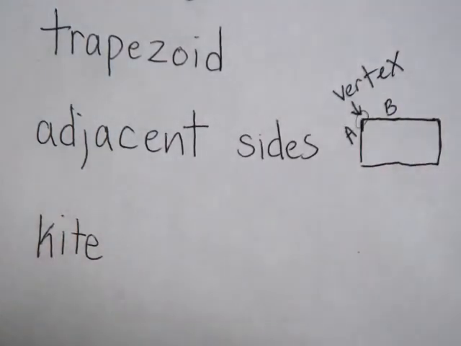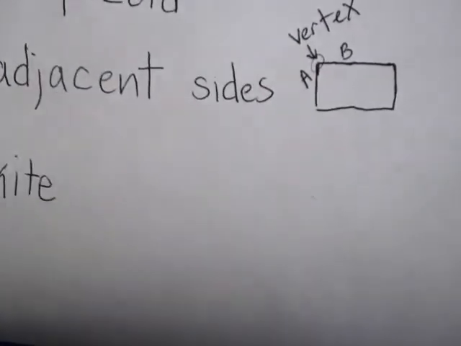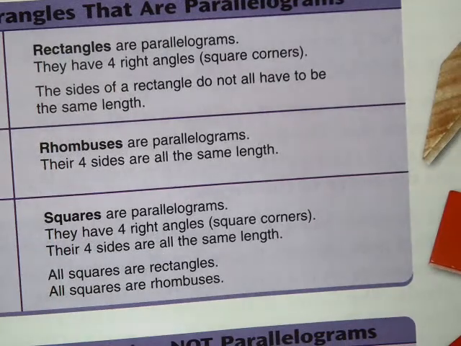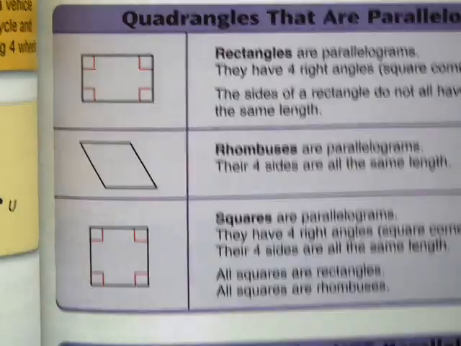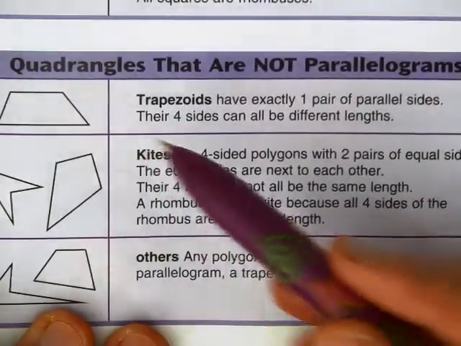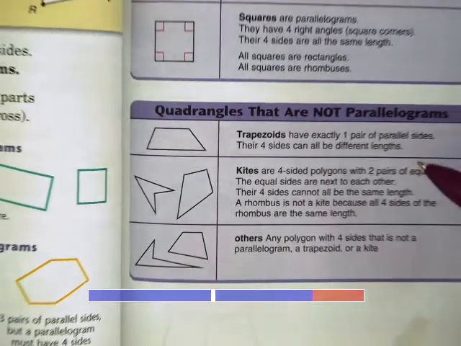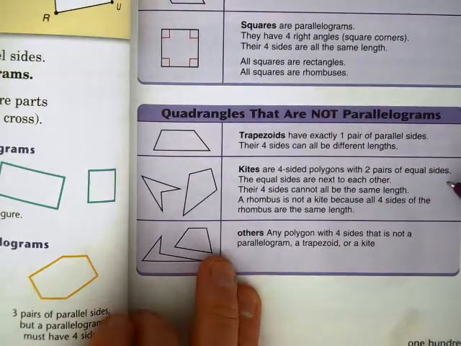And then lastly, we're going to talk about kites. A kite is a quadrangle that has 2 pairs of equal adjacent sides and opposite sides that are not equal. If you look down here, here's a kite. These are kites. 4-sided polygons, 2 pairs of equal sides.